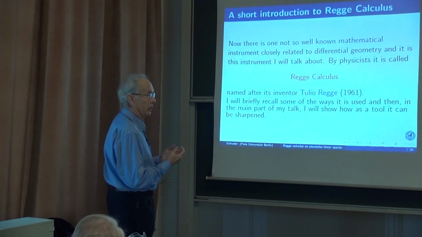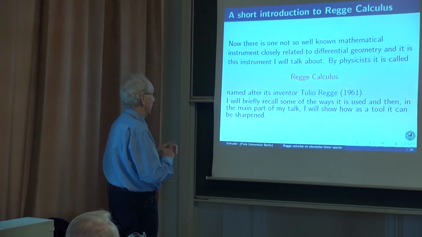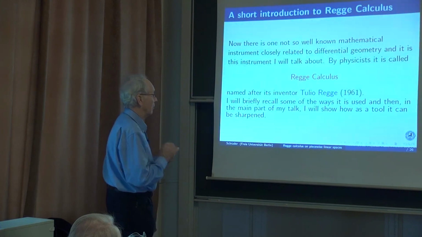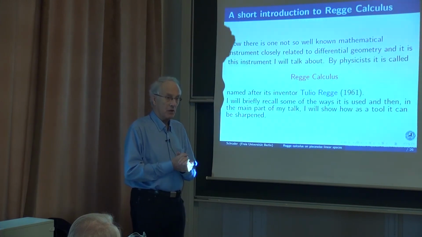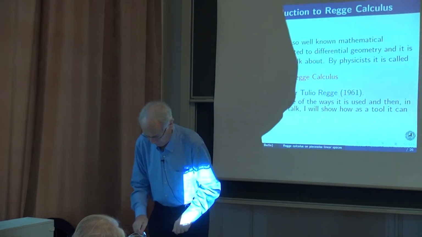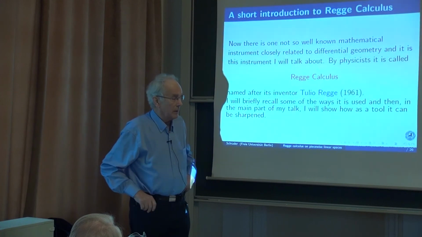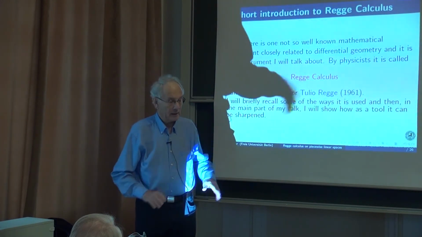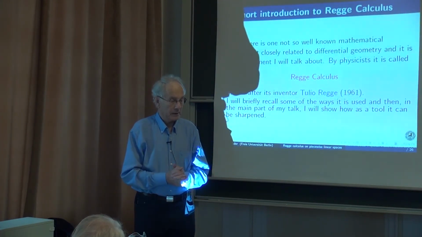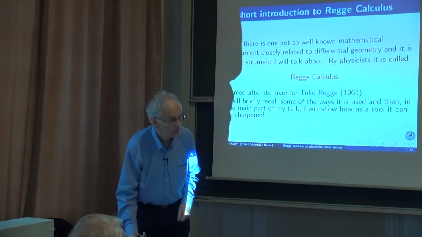I will briefly recall some of the ways it's used, and then in the main part of my talk I will show how as a tool it can be sharpened and hopefully be used effectively. So the results are new, and we are in the process of writing it up, and I hope we will be able to submit it here.